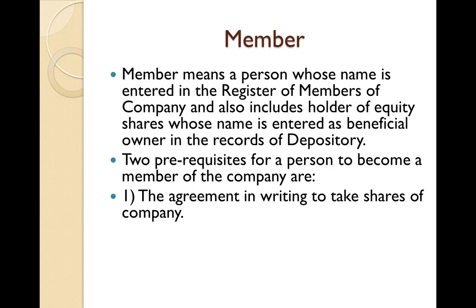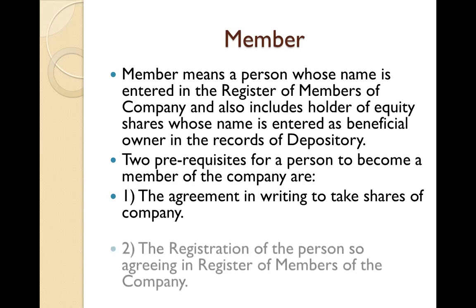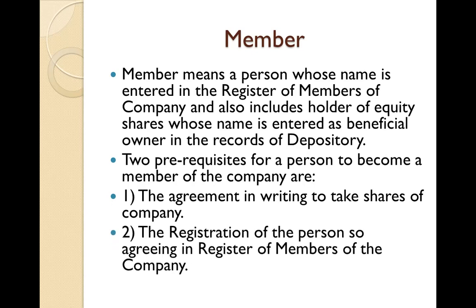An oral agreement is never accepted. Second, not only the written agreement, the shareholder should agree to enter their information into the register of members. There are only two rules for a member.